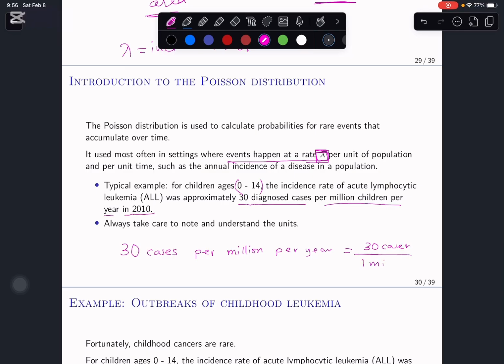So every 1 million, 30 cases, per 1 year. So it's 30 cases per 1 million times 1 year. Alright, so this is the translation of what they gave us. And this is the incidence rate of 1 year.